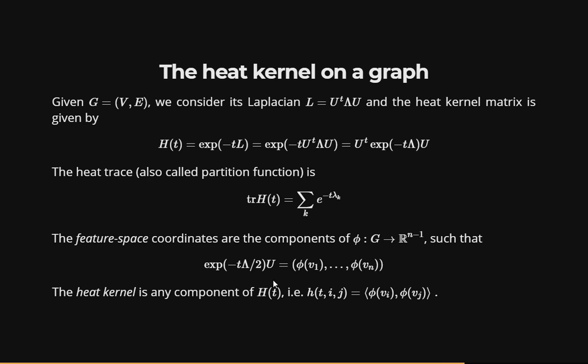If you do the computations, by the fact that H of t is the transpose of this times this, its components are just the scalar product of pairs of columns of this matrix. So in particular, if you want the heat kernel as a function of three variables, it is the matrix.